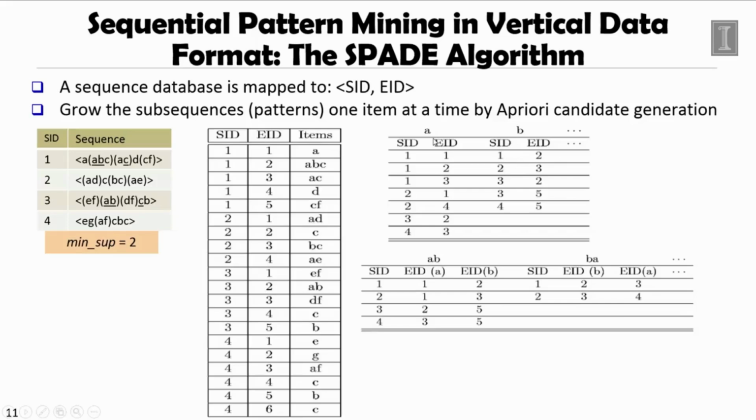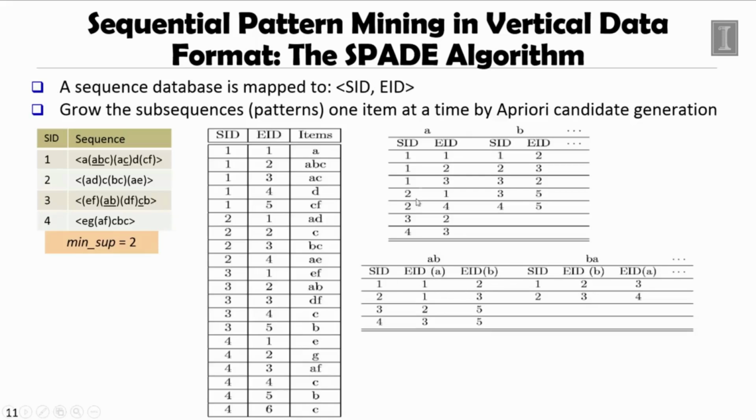Then how can we combine them into frequent sequences like A then B or B then A? If you say A then B, you require A to be in front of B, that is, A's element ID is smaller than B's element ID.